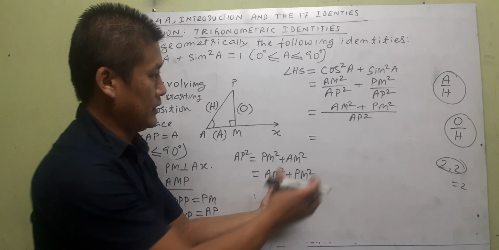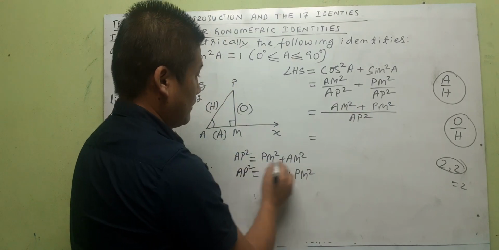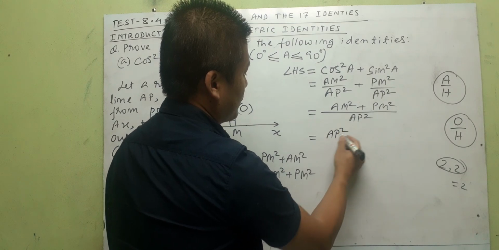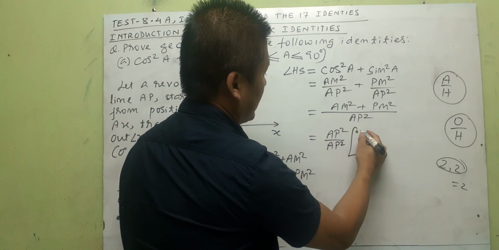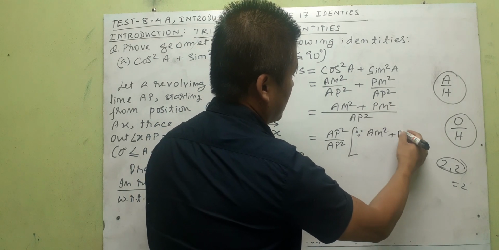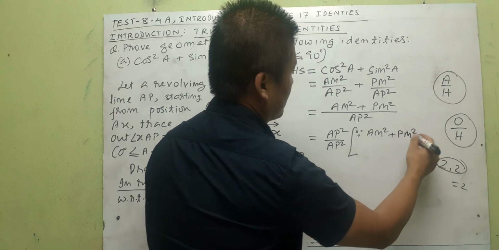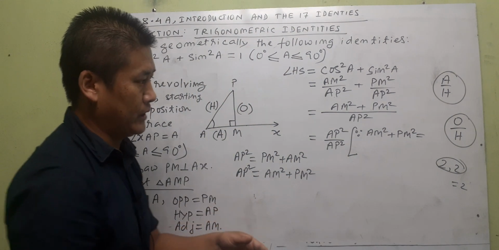So exactly this one is equal to here. We can replace it by AP square, down here, since we know AM square plus PM square is equal to AP square, right?